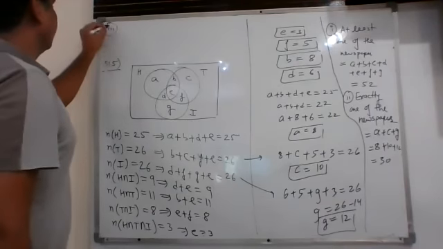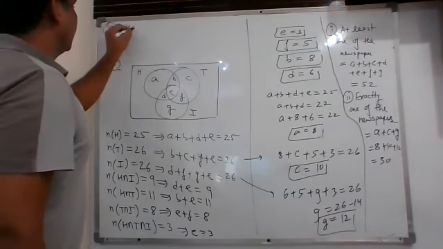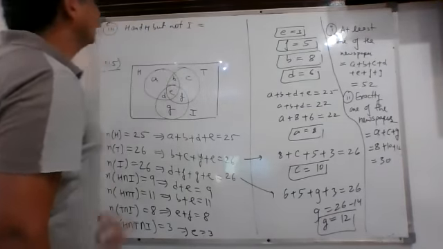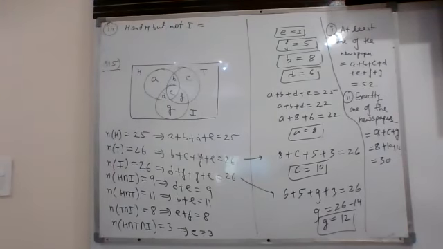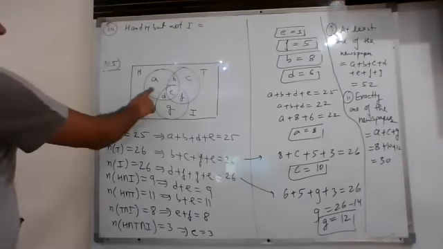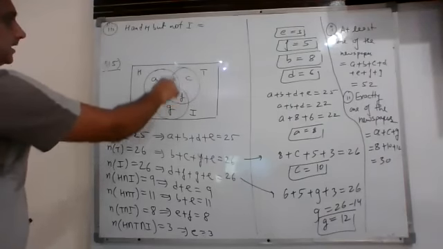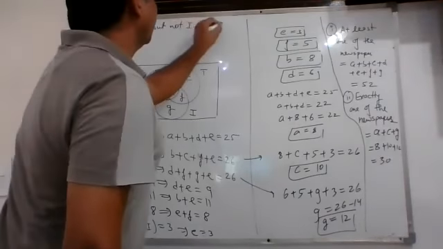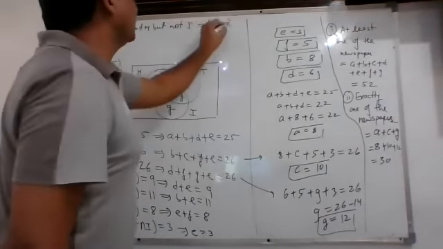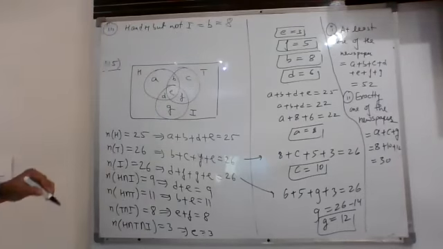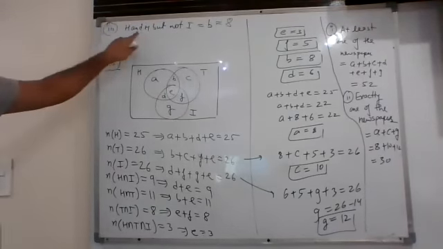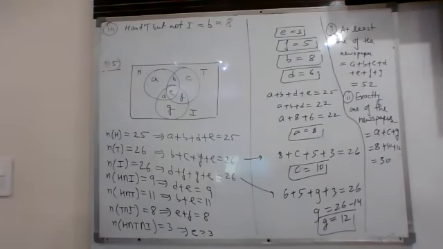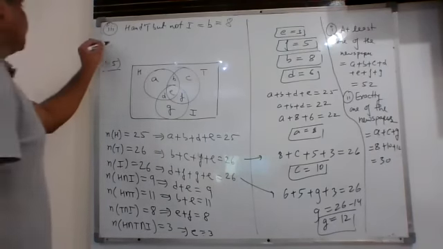Third part, you can write H and T but not I. When I say H and T but not I, this is H, this is T, and H and T but not I means remove this E, so your answer will be B. After this, you will just write the value of B, that is 8. This is how you will get H and T but not I. So this is the third part.